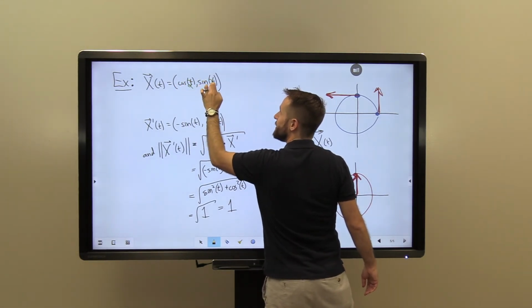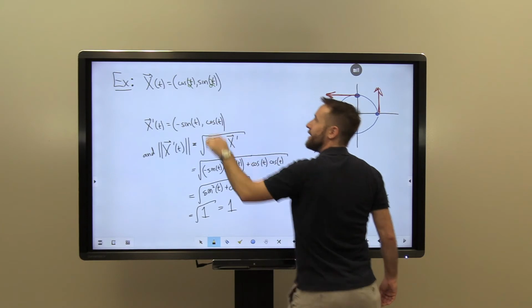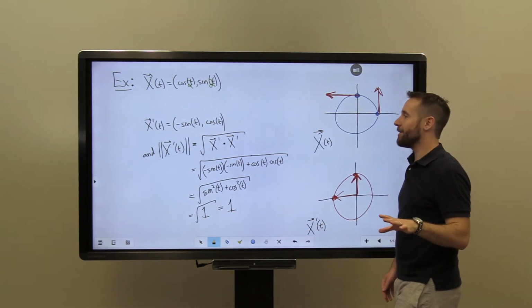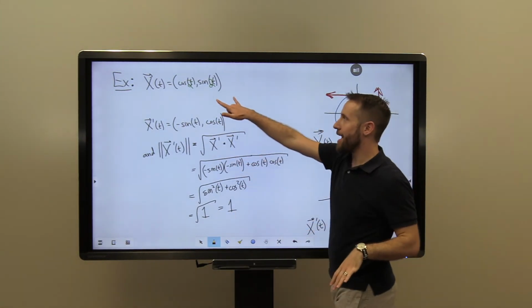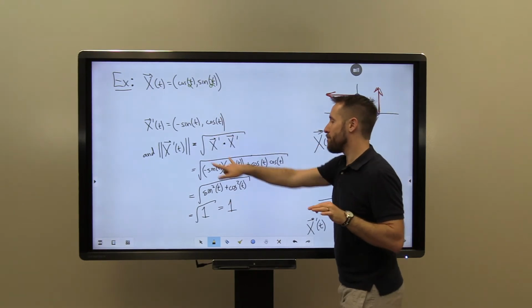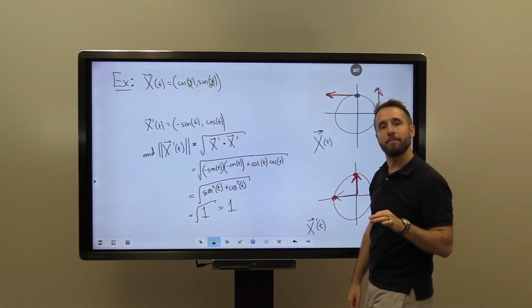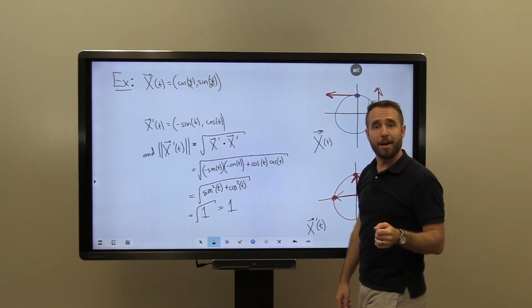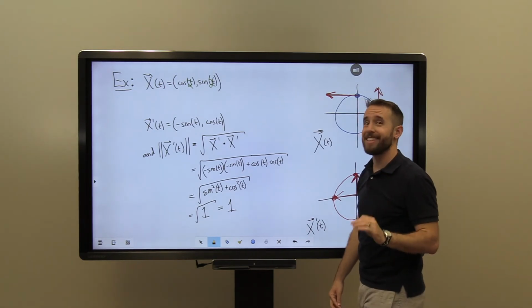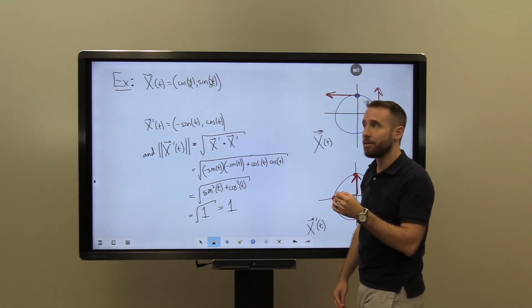I'm going to do the lazy professor thing where I just try to draw in 2's here in a different color, and let's see how having that extra 2 in there percolates throughout the problem. So this is a reparameterization of x of t. It traces out the same locus, that unit circle.